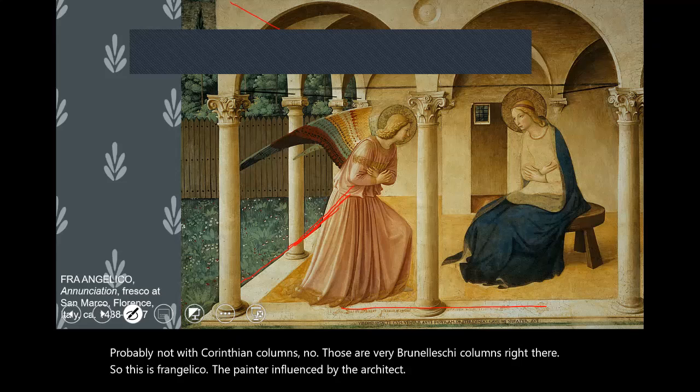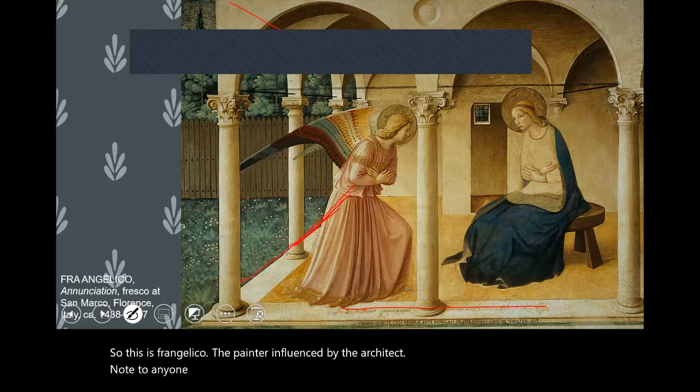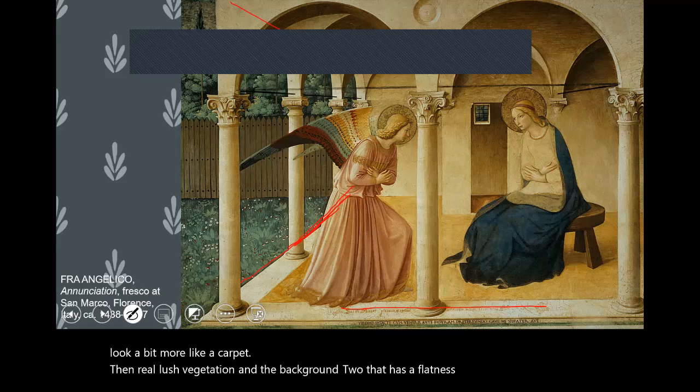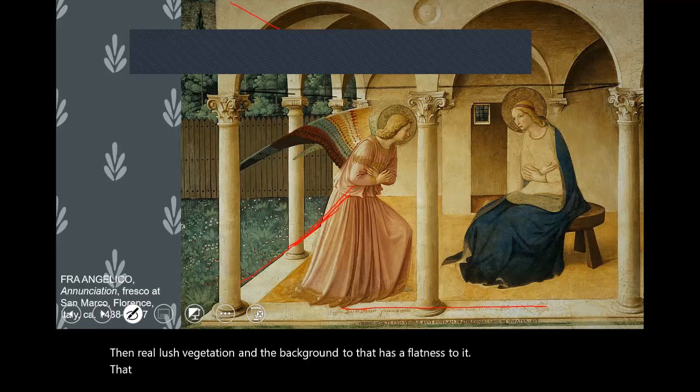Note too, anyone have any issues with that lawn? The green grass and leaves and flowers that look a bit more like a carpet than real lush vegetation, and the background too that has a flatness to it. That is because it is definitely not secondary but tertiary in terms of importance. We have Mary and Gabriel, which are primary, the architectural framing, secondary.